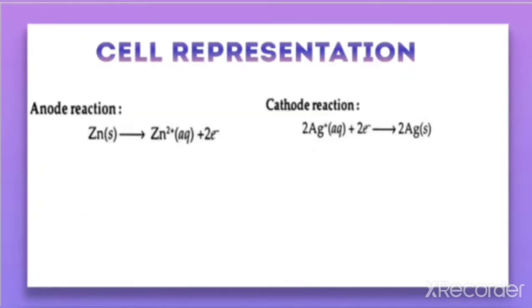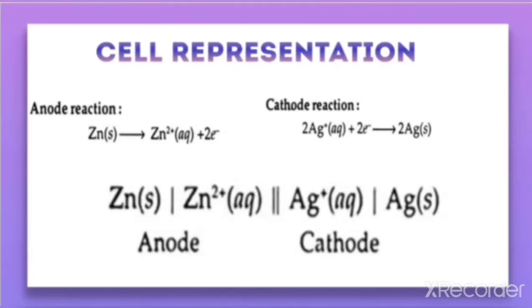Here in this reaction, the anode reaction, as you can see, is zinc giving rise to Zn2 plus, and the cathode reaction is silver ion giving rise to silver. So how do we write the cell representation? In this way, as given here.